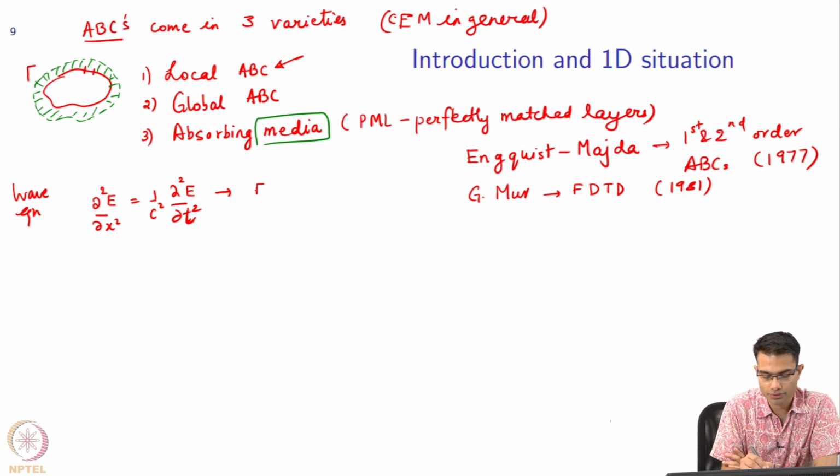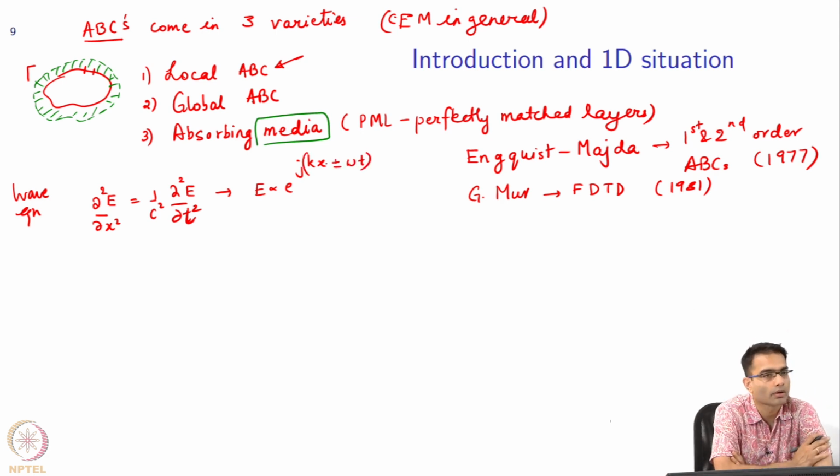And we know that the solutions to this are of the form e to the j (kx plus or minus omega t). Yeah, we all know this, it is just revision.